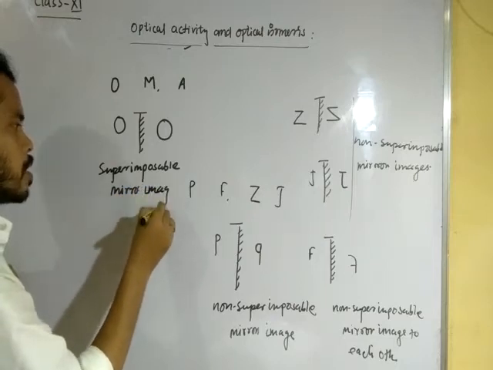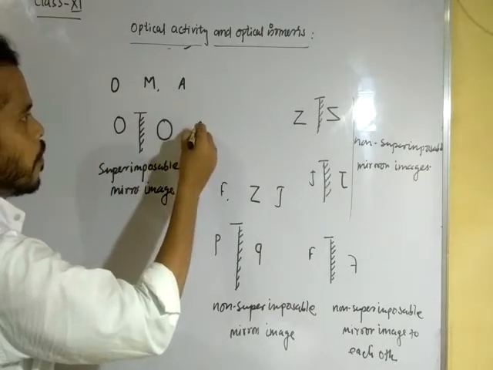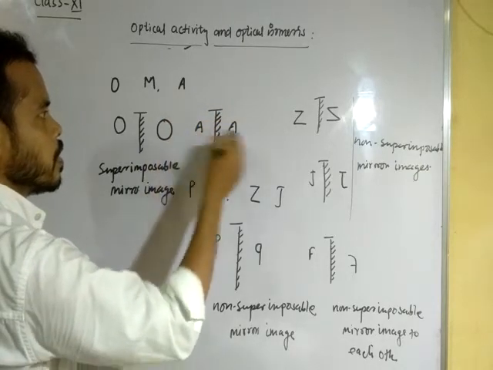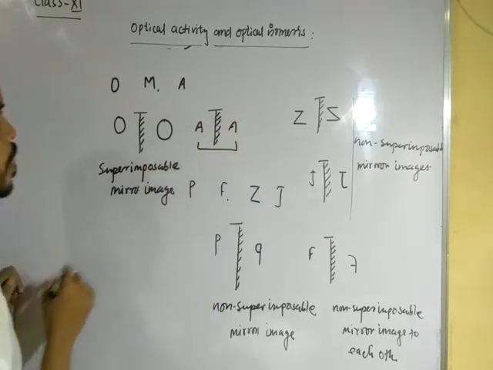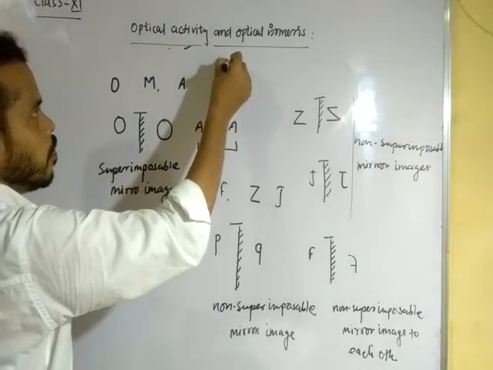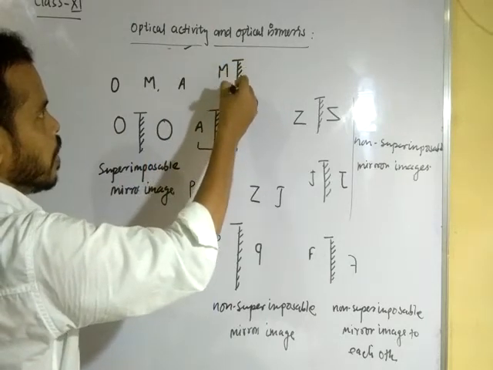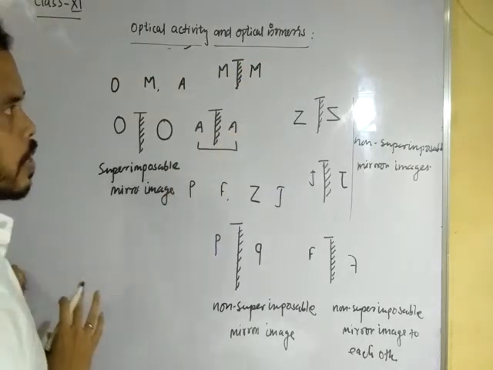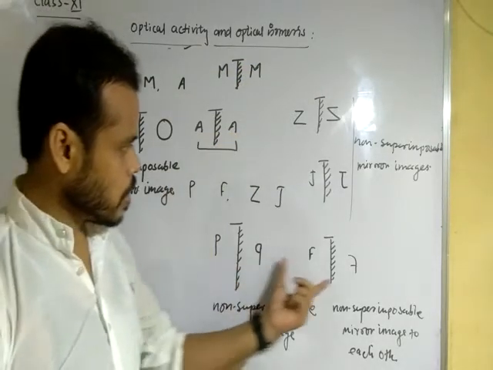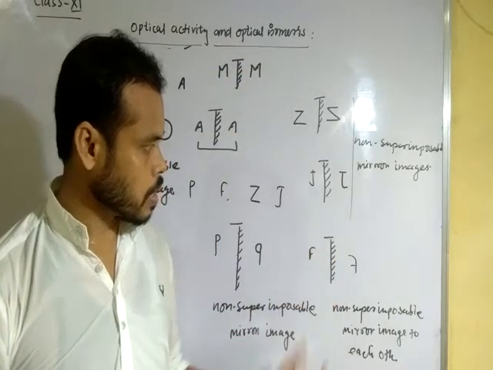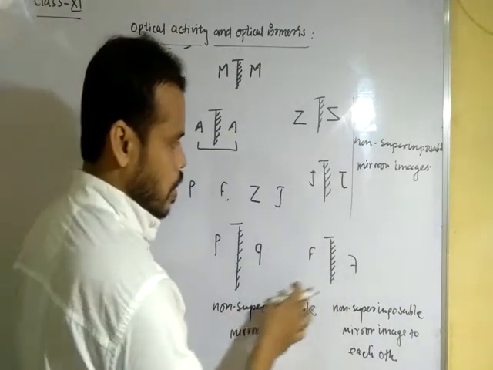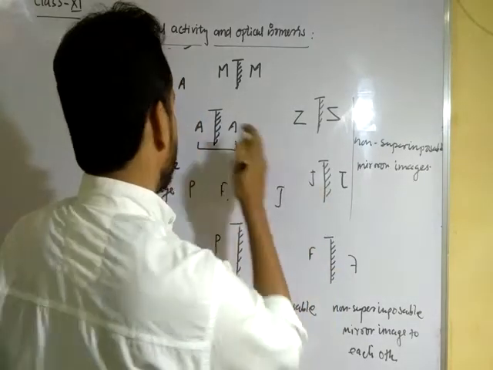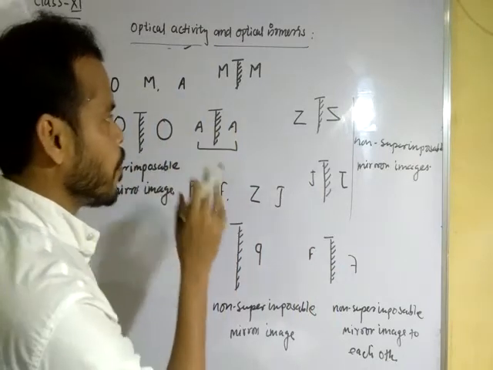Also when A is put in front of the mirror it forms A. When M is put in front of the mirror, the same structure is formed. Okay, dear student, here you can see different kinds of structures formed: these are mirror images but non-superimposable, and these are mirror images but superimposable.